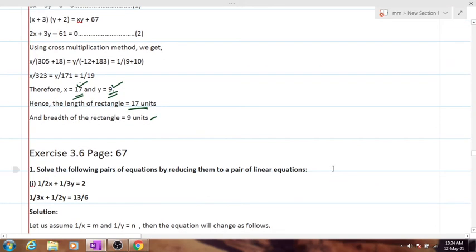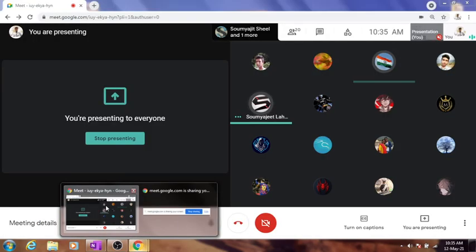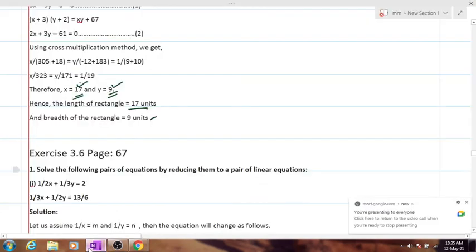Now we'll move on to solving a different type of numerical from exercise 3.6. Are we ready, everyone? Now, question number 1. Solve the following pair of equations by reducing them to a pair of linear equations.